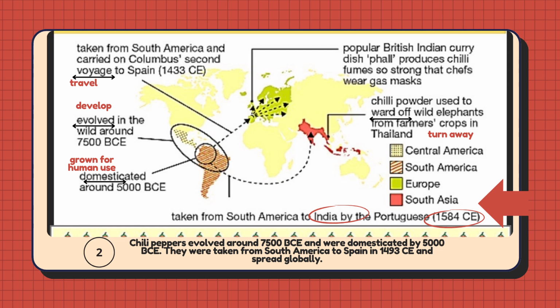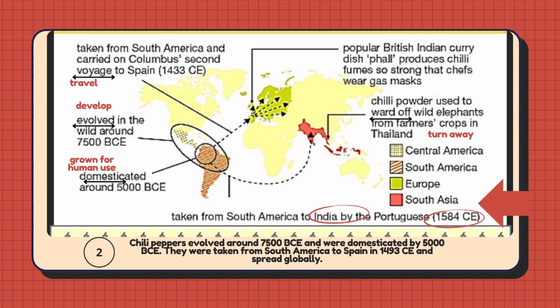And then they were taken from South America to Spain in 1493 CE. If you look at the text, there is a map of South America, and then there's an arrow going to Spain.